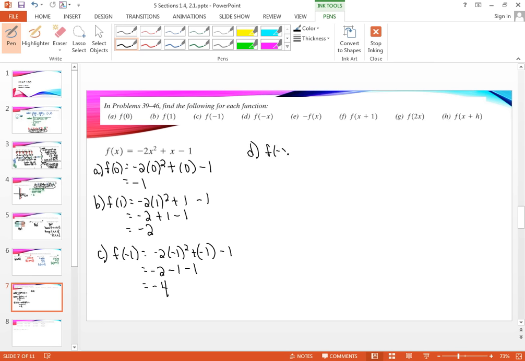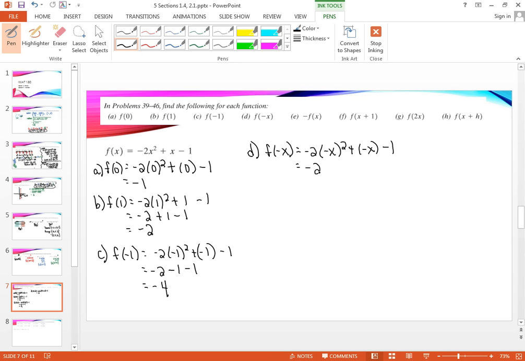All right, so let's try D. F of negative x. Everywhere there is an x in the function, you put a negative x. So negative 2 times negative x quantity squared plus negative x minus 1. Clean it up as best you can. Can't do much with it.